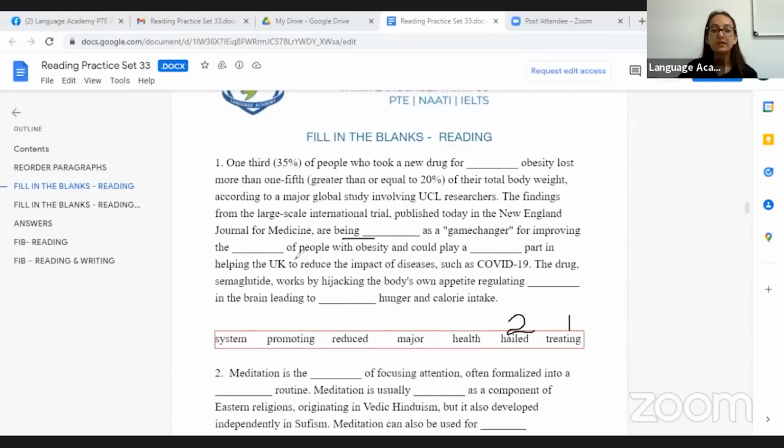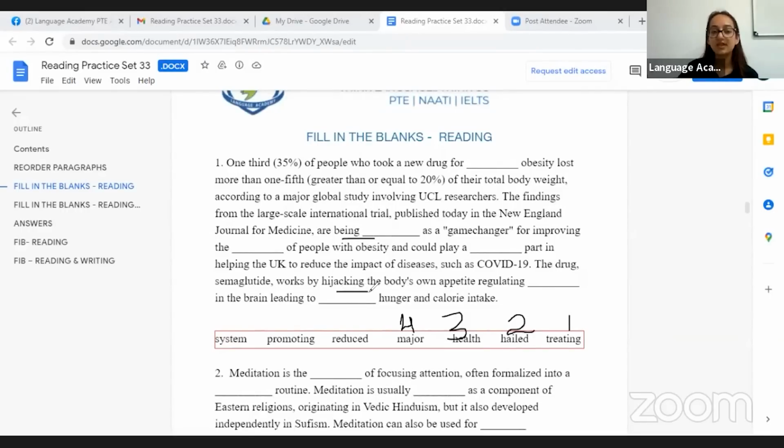For improving the health of people, and could play a major part. So play a major role, a major part, is how we use the word major in helping the UK to reduce the impact of diseases such as COVID-19. The drug semaglutide works by hijacking the body's own appetite regulating system.